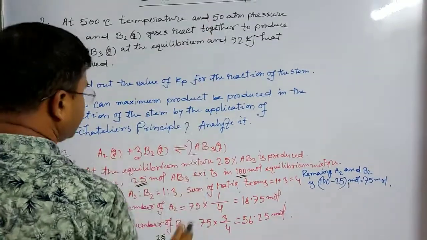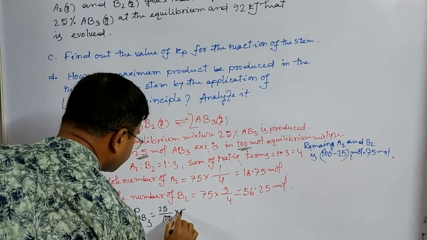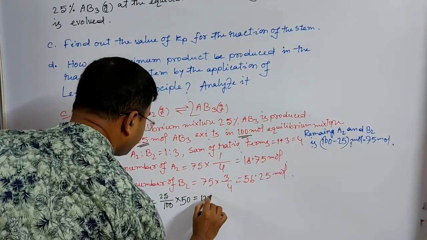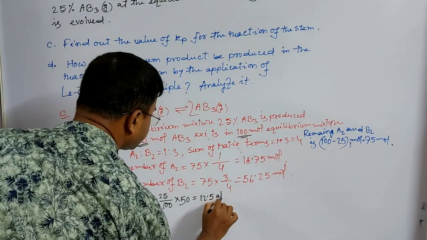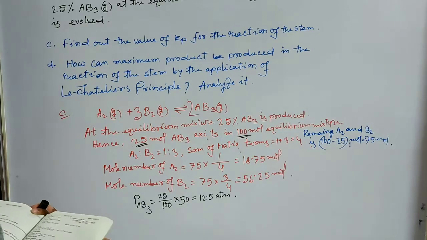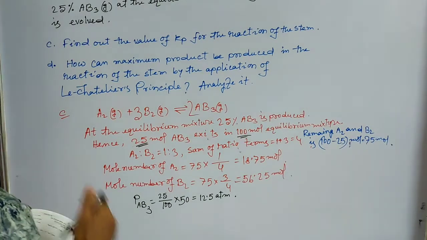It is given in this chart. 50 atm equals 12.5 atm. So the partial pressure of AB3 is 12.5 atm.